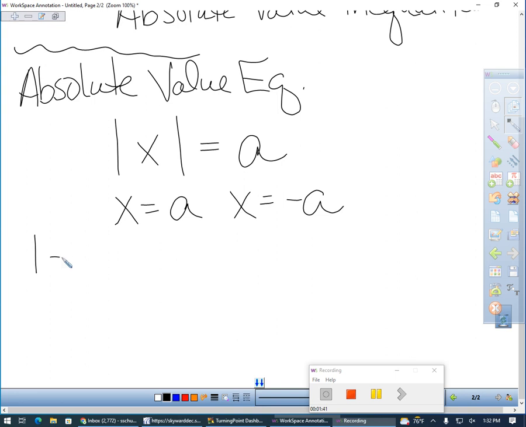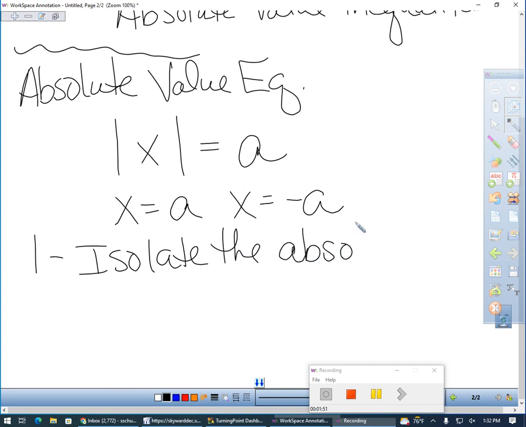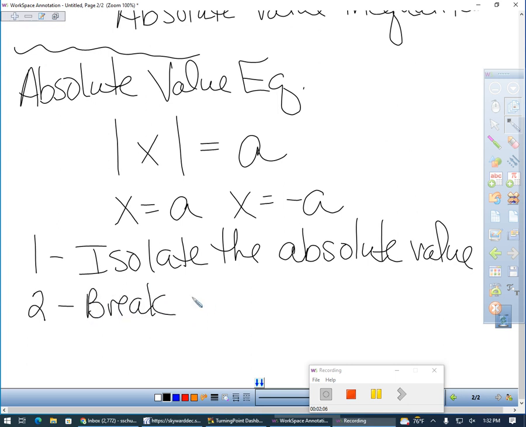So, step 1, isolate the absolute value. Step 2, break into two equations.